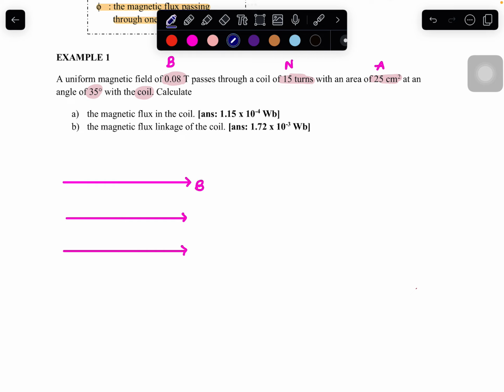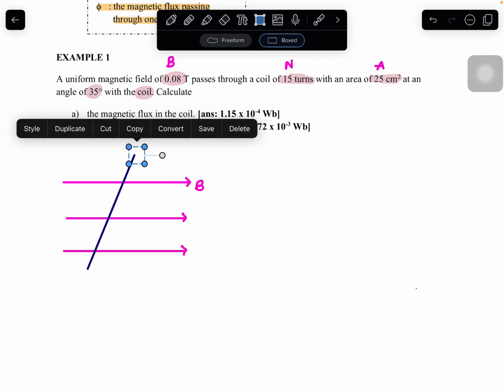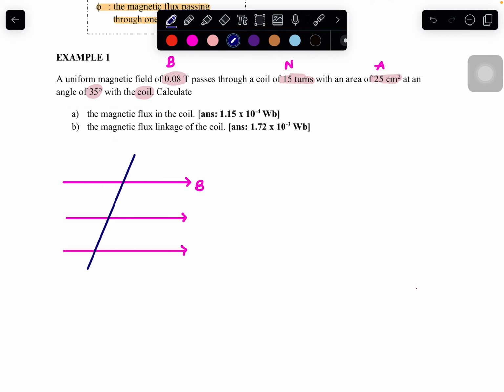And then kita letak kita punya coil. Miss lukis dia straight sajalah macam ni. Tidak perlu lukis exactly coil yang bulat. So this coil is 35 degree to the magnetic field. But as we know that in order to find the magnetic flux, the angle must be angle between A and B.